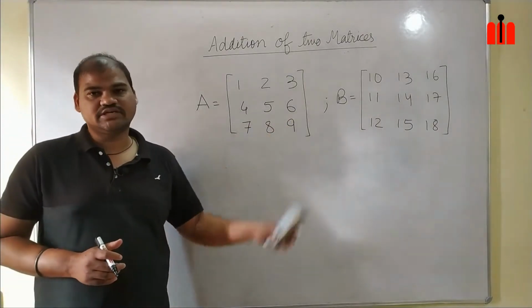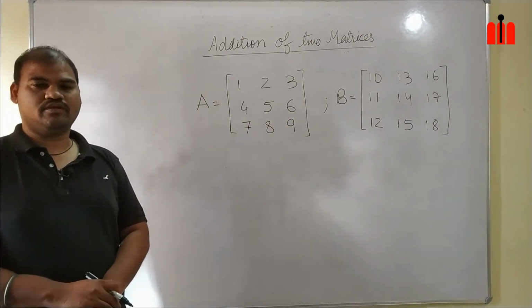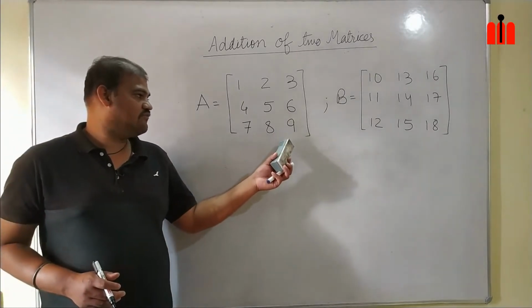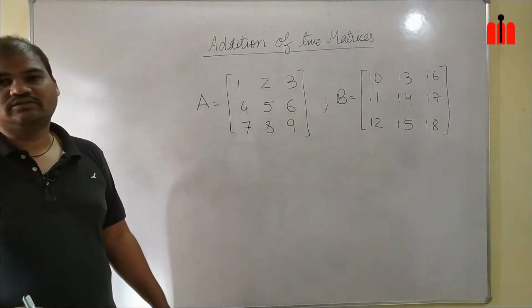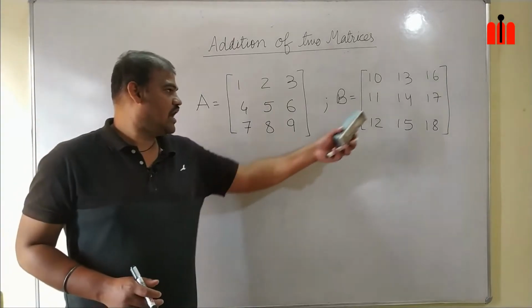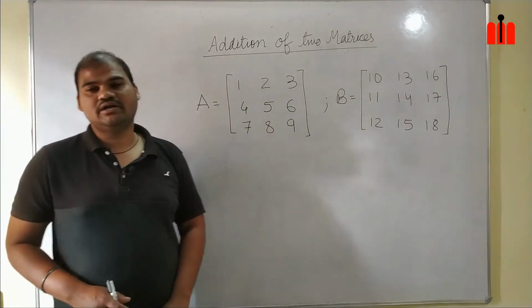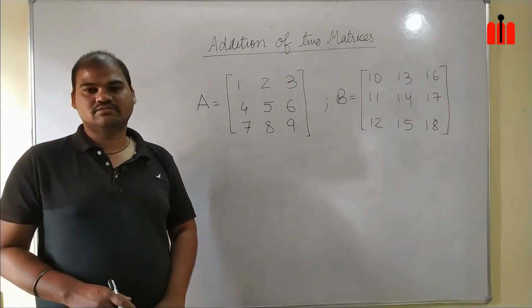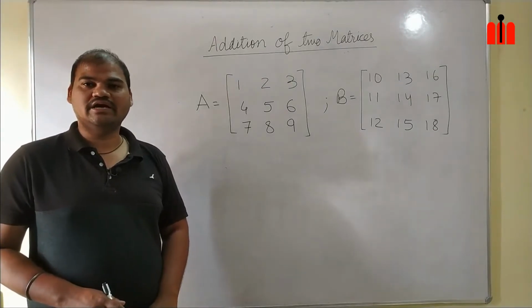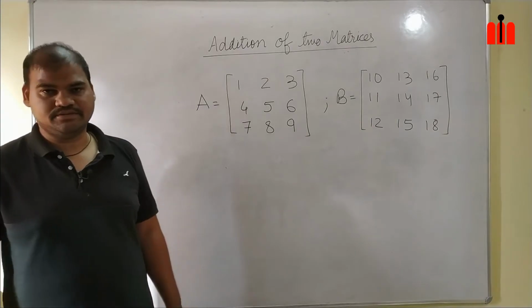This is the first check you have to perform in order to do the addition. If you have 3 columns here and 4 columns here, then you can't add these two matrices.